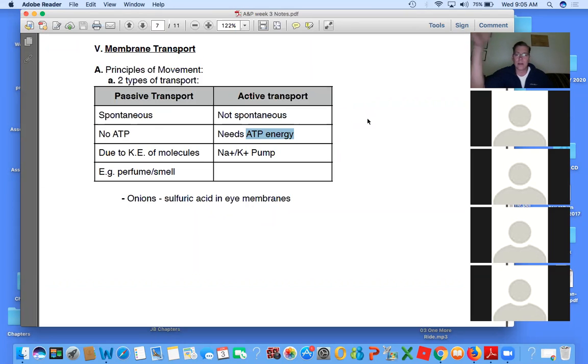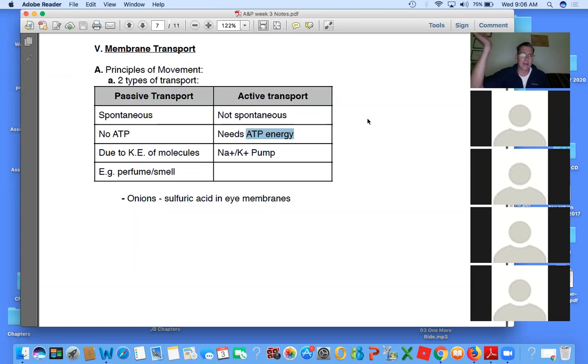So again, one is natural, a passive transport. One is kind of unnatural, active transport. They both do happen in nature. So in a way, they're both natural. But one happens spontaneously, passive transport, and the other happens not spontaneously, requires energy.